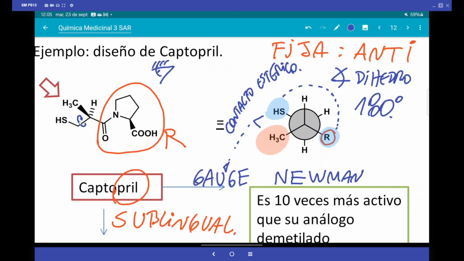And therefore, when the chain becomes more rigid, it is less rotatable, that generates an anti-conformation, in this case, that is favorable for inhibition of the ACE, the angiotensin converting enzyme. It generates a conformation where everything is in place, so much so that this sulfur is just looking at the enzyme, at a zinc atom.